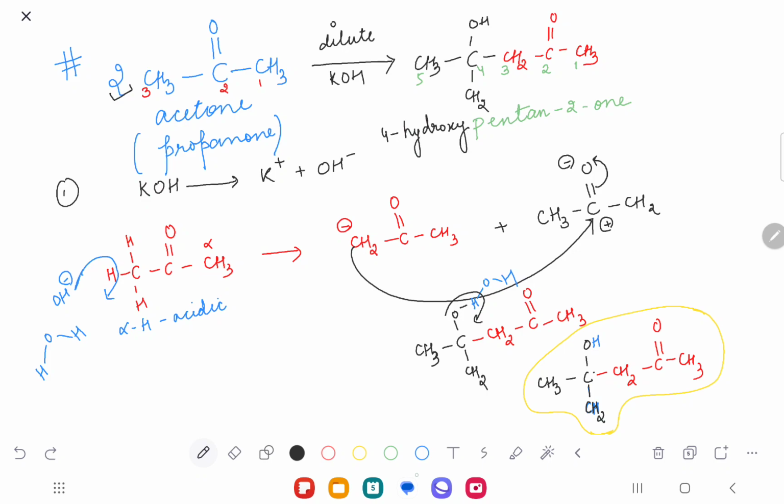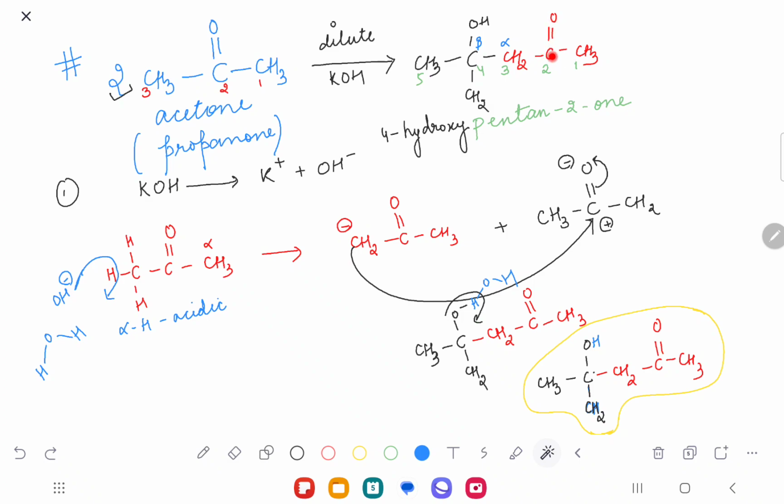But you understand this fourth carbon is also, see, this is my alpha position, this is my beta position. Why so? Because the alpha position of carbon is that carbon which is just next to C double bond O. So the second carbon is going to be the alpha position.